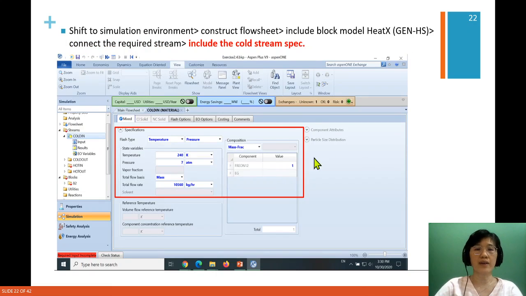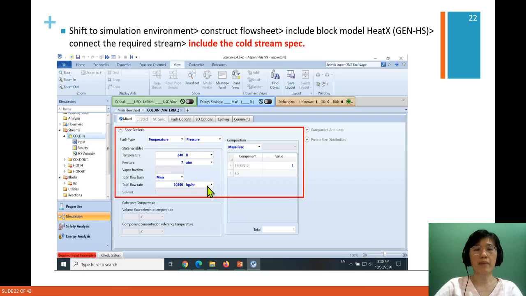Okay, now once you have put in the process model and inserted the required stream, then it's time for us to include the specification for the stream. Okay. So first we work on the cold stream. We have to put in the temperature and pressure and also the flow rate, and all these are given in the question.